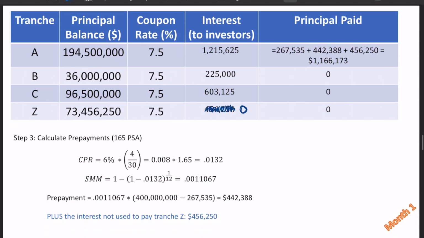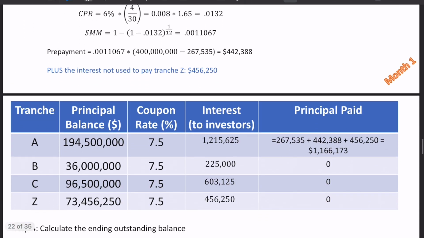Looking at the next table, what's happened is now our principal balance has increased by the $456,250. Z is going to receive no interest. And instead of receiving their interest, now Tranche A gets the scheduled, they get the prepayment, and they get the interest from Z. So in total, the cash flow to Tranche A is increasing.